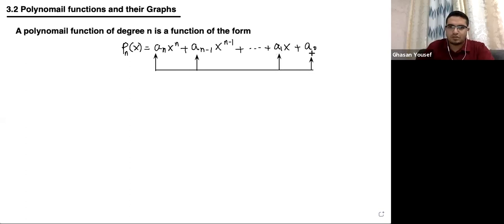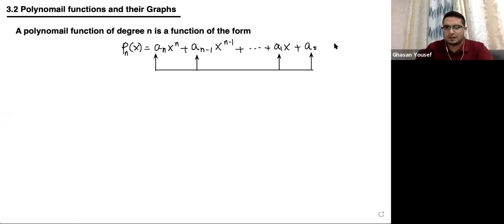And also we should know this n is a non-negative integer, and we should know a_n here is not equal to 0.